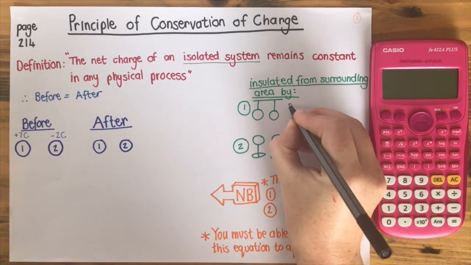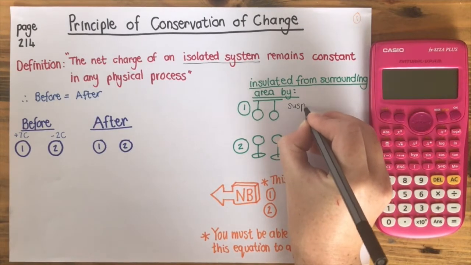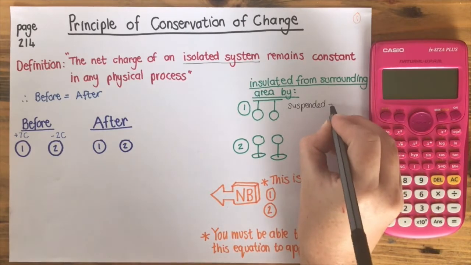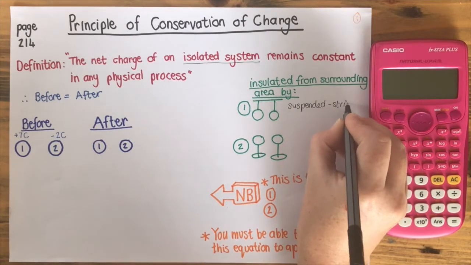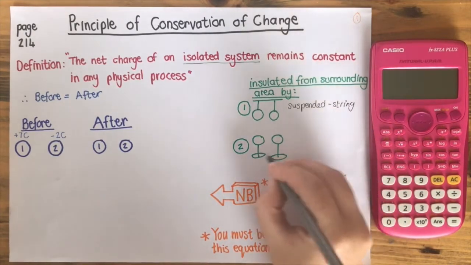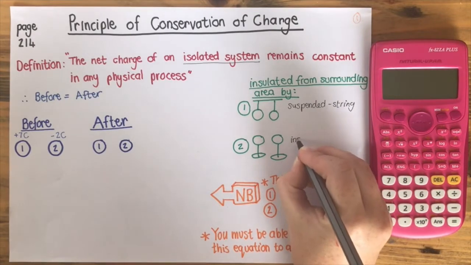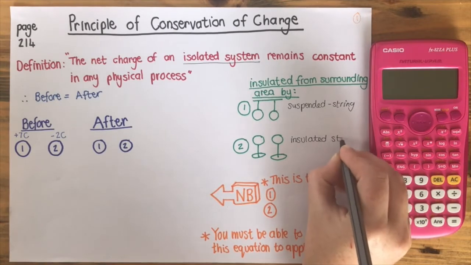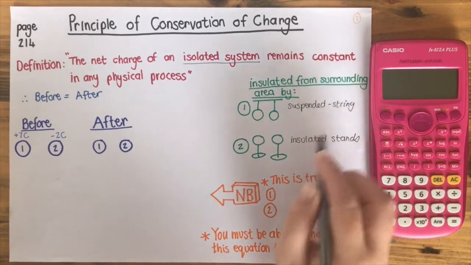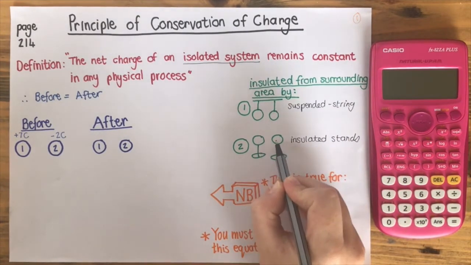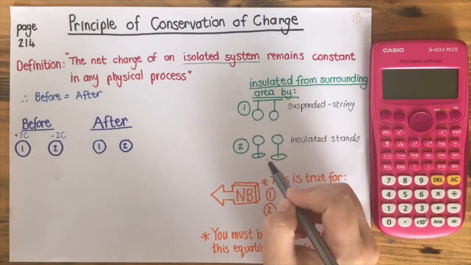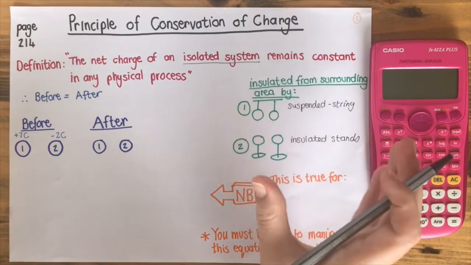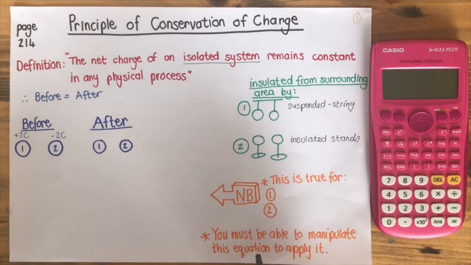They must either be suspended on string, or they will be placed on insulated stands. This way, the actual sphere carrying the charge will be isolated from its surroundings, so it will be an isolated system.